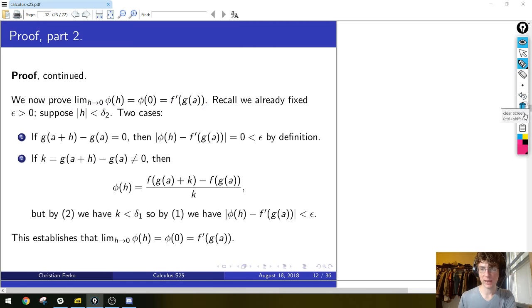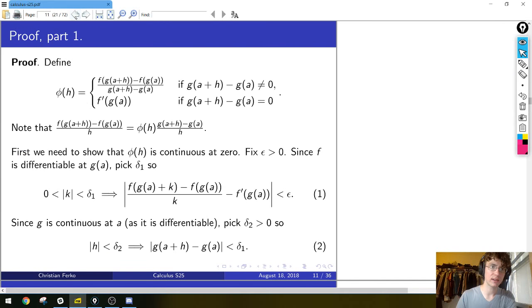Now here's where you have to be careful, because there's two cases. We could have g of a plus h minus g of a equals 0. This could hold for some values of h, even if h is not equal to 0. So for instance, if g is a constant function, then we would have to worry about this even when h is not equal to 0. So we have to handle this case explicitly. But the nice thing is that in that case, it's very easy to prove that phi of h is close to f prime of g of a, because if g of a plus h minus g of a is 0, let's go back and look at the definition of phi.